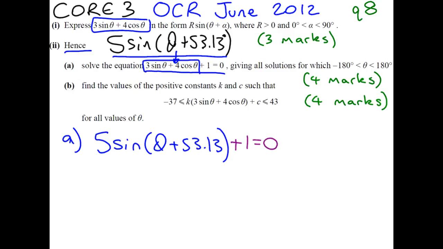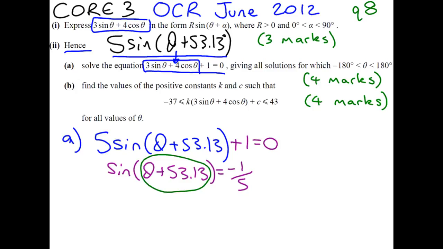This is what we have to try and solve. We take away 1, divide by 5, and we get that sine (theta plus 53.13) equals minus a fifth. If you do sine to the minus 1 on your calculator, it will give you a value for theta plus 53.13 of minus 11. Let me just write this down.